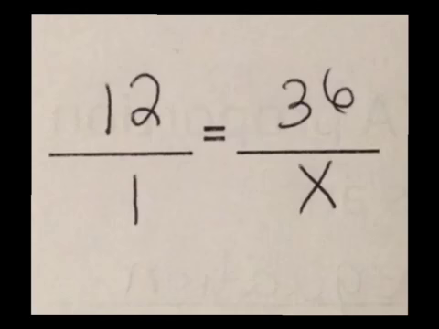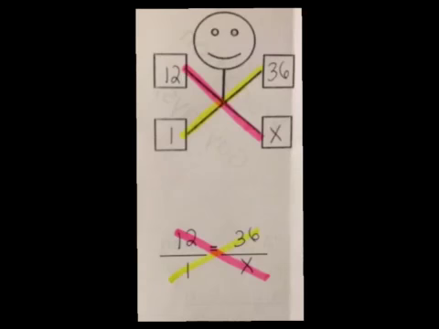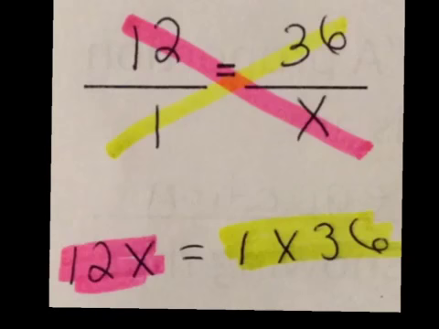In the first proportion, we have 12 over 1 is equal to 36 over x. Using the same manner of highlighting, highlight with your pink highlighter the 12 and the x, and with your yellow highlighter the 1 and the 36. When we use cross products and cross multiply, we have 12 times x is equal to 1 times 36.